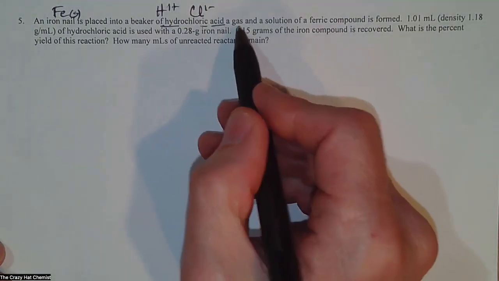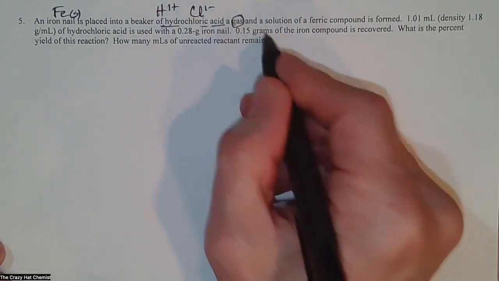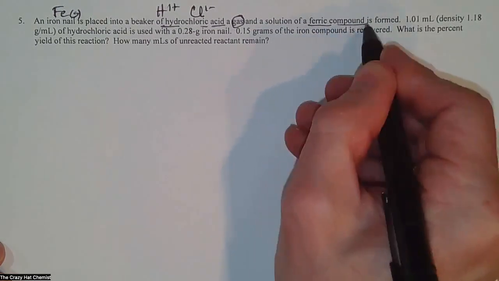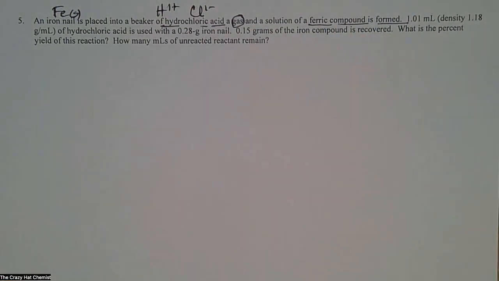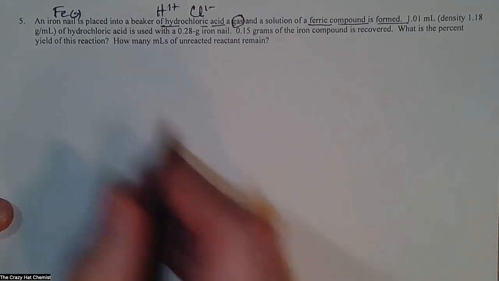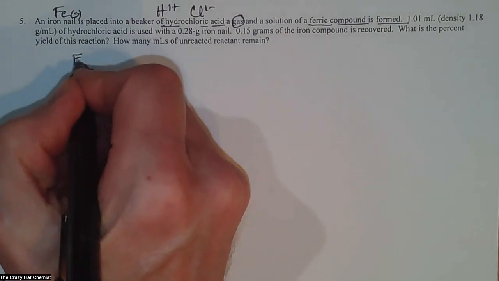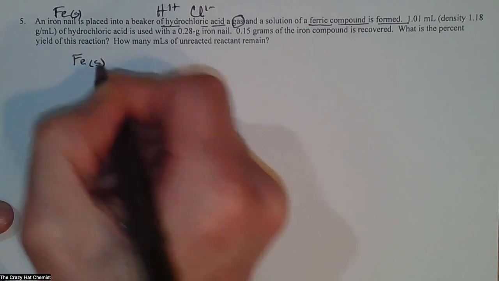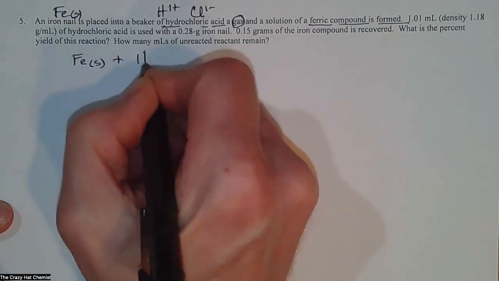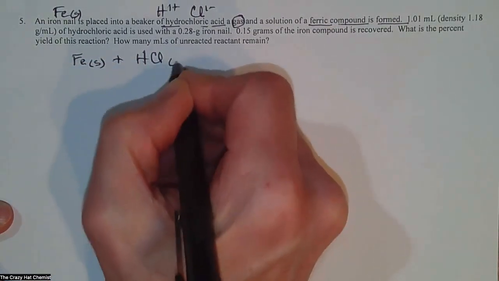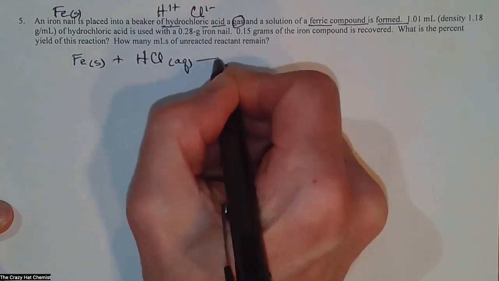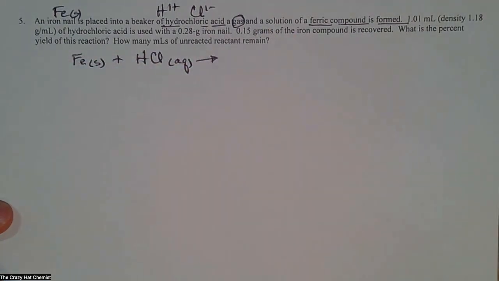It says a gas and a solution of ferric compound is formed. So I'm going to work with that information thus far and figure out what I've got going on here. So we have iron, that's Fe, that's a solid, plus hydrochloric acid, that's HCl, that's aqueous. And these are my two reactants.